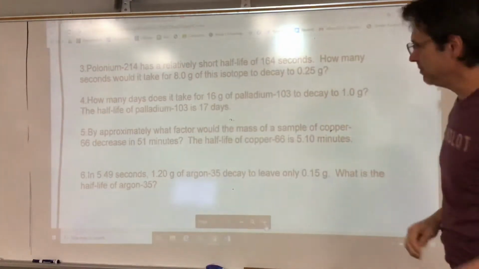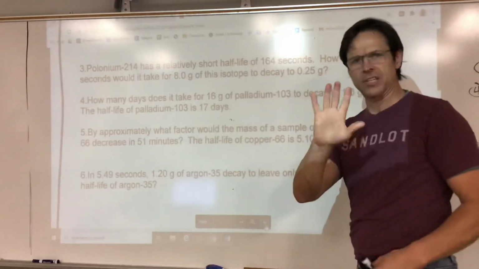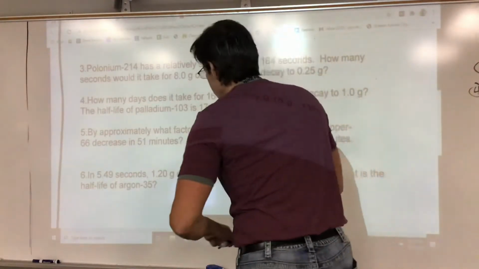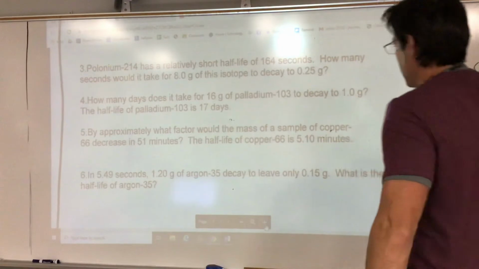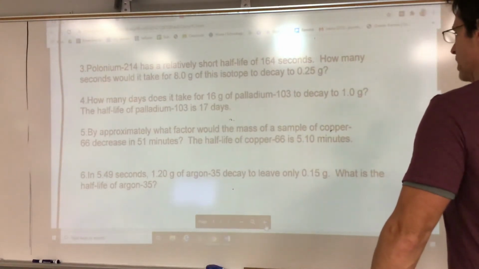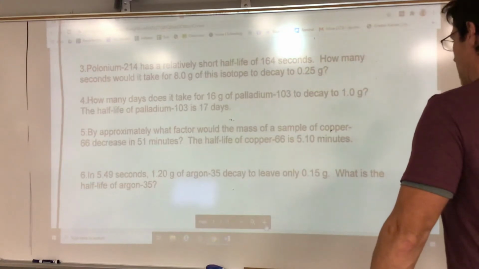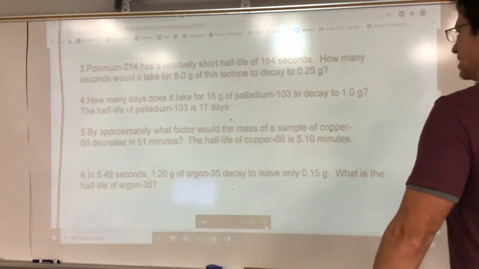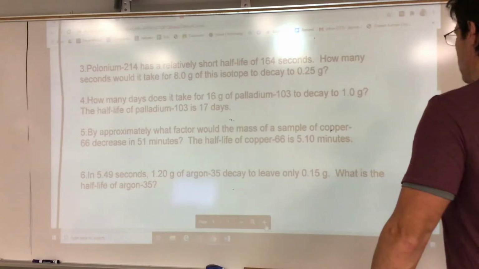All right, number 5. Cinco. By approximately what factor would the mass of a sample of copper 66 decrease in 51 minutes? So the half-life of copper 66 is 5.10 minutes.